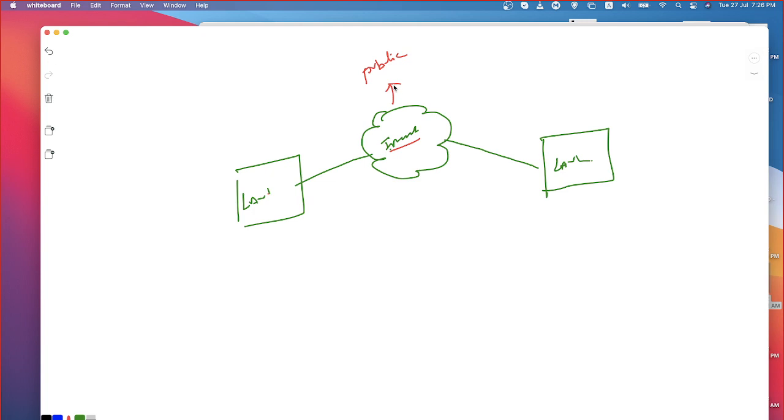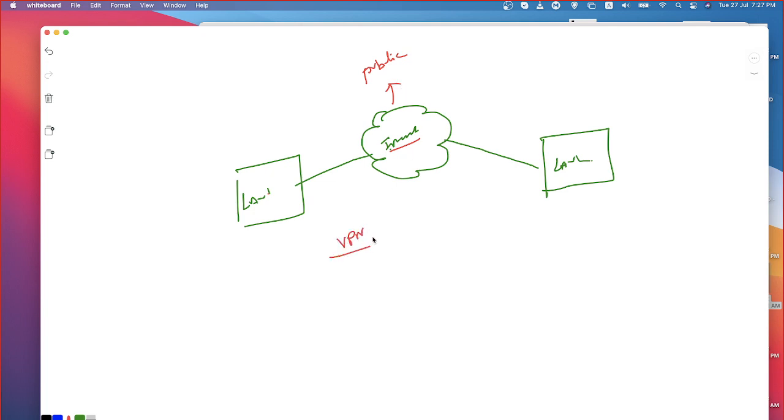So over the public network, we want to establish a secure tunnel. Even though the traffic is flowing through the internet, because it is traveling through the tunnel, nobody could understand what data is being exchanged between LAN 1 and LAN 2, which we call a VPN.